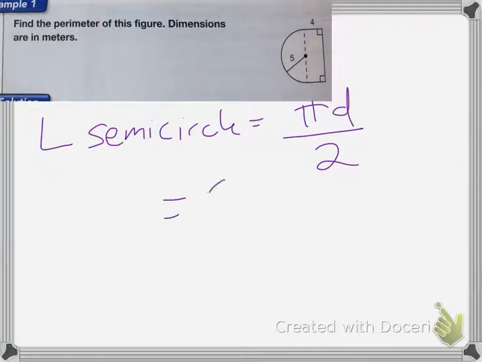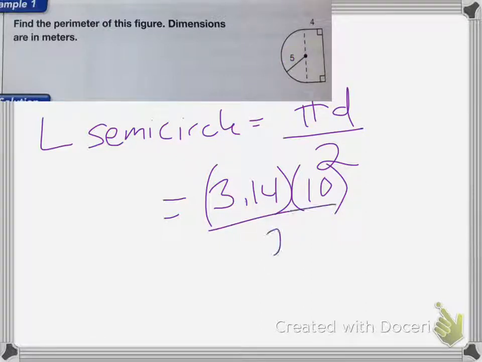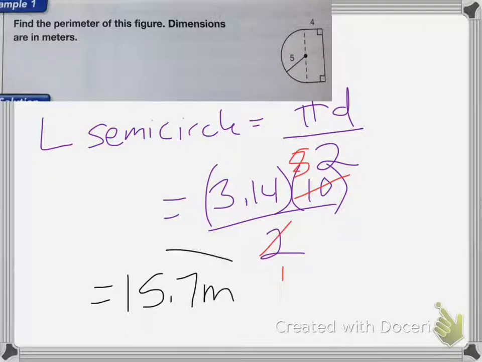So that's going to equal 3.14 times 10, since my diameter is 10, because we show the radius here, divided by 2. Well, I can cancel the 2 and the 10. 2 becomes a 1, 10 becomes a 5. So I have 3.14 times 5, which is equal to 15.7 meters, just about.